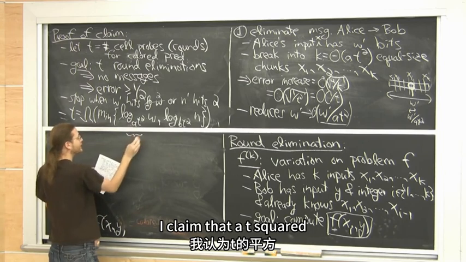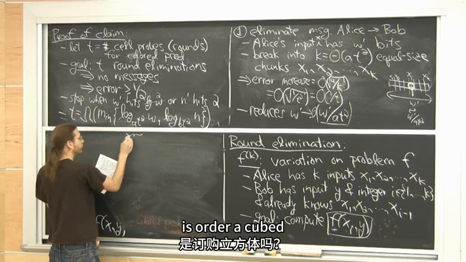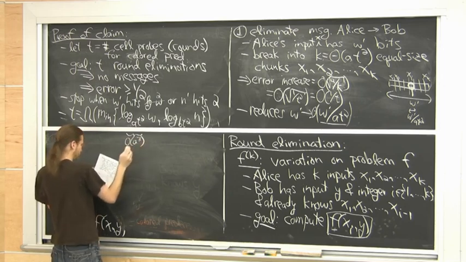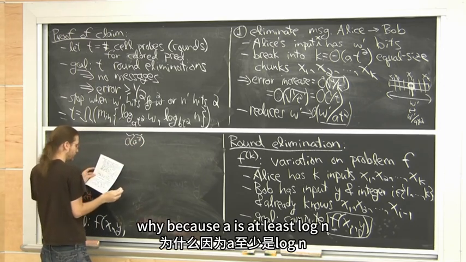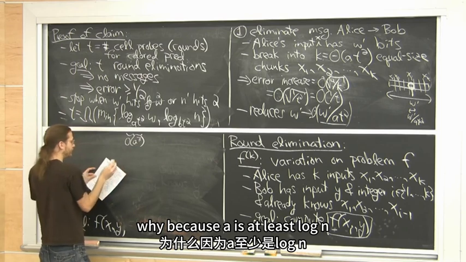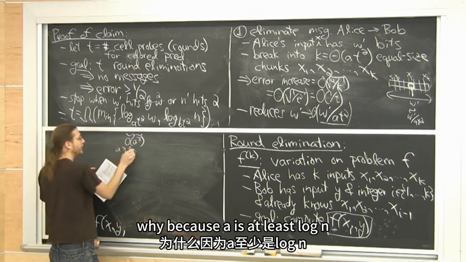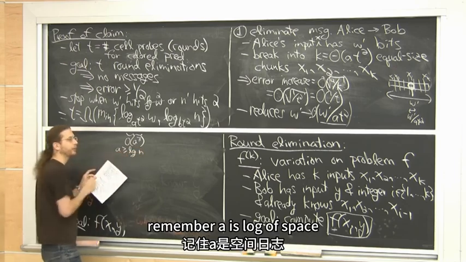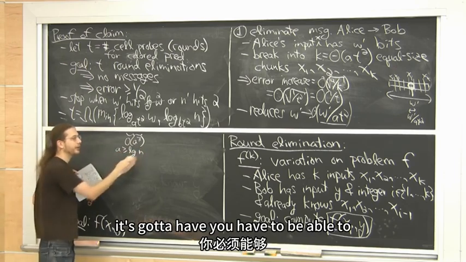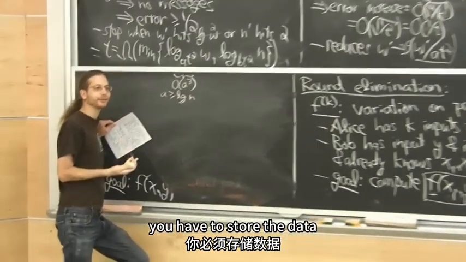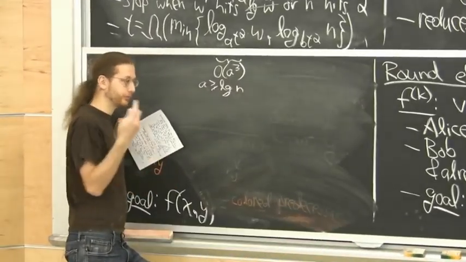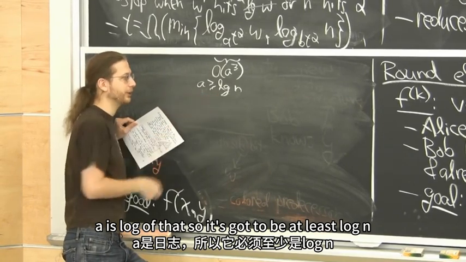I claim that at squared is order a cubed. Why? Because a is at least log n. Remember, a is log of space. You have to store the data, so you need at least n words of space. A is log of that, so it's got to be at least log n.